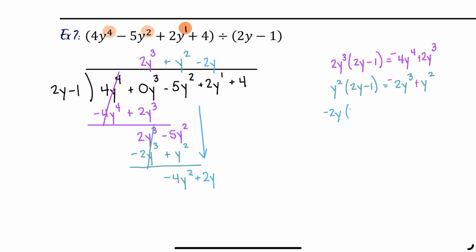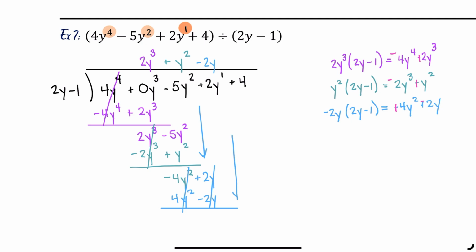Negative 2y times 2y minus 1, giving me negative 4y squared plus 2y. I don't want to forget to distribute my negative for the subtraction. So that gives me a positive 4y squared, which is what I need for those y squared terms to cancel. And actually in this problem, the y terms also cancel.